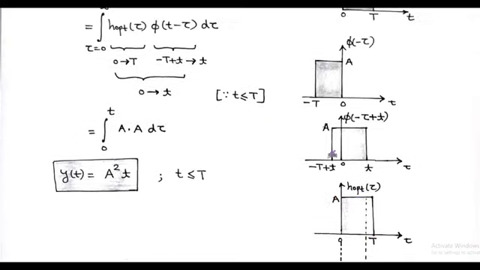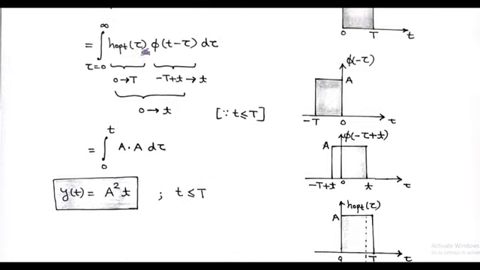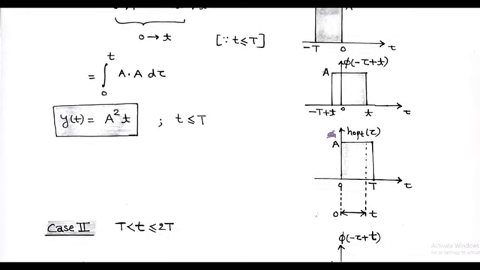Now, after representing phi(minus tau plus t) and the optimum h(tau), we put them in the formula. After multiplying, we find a common region between 0 and small t.